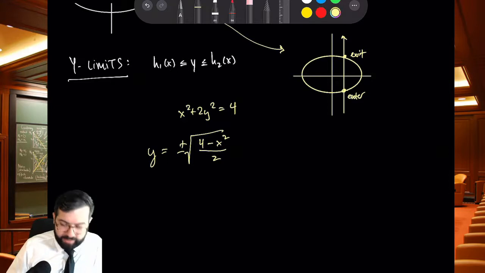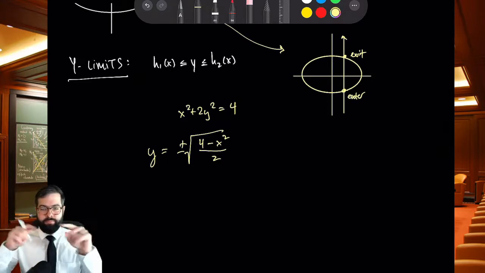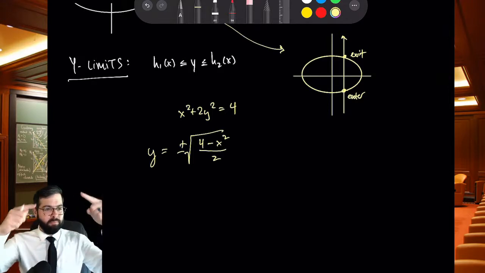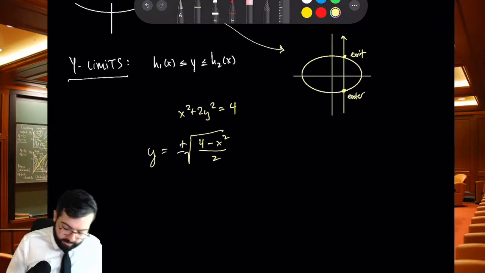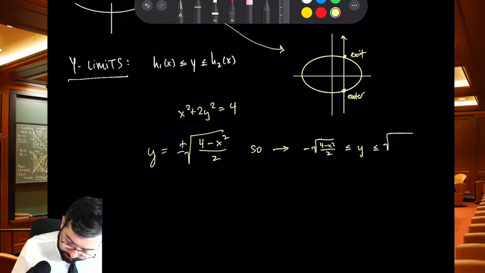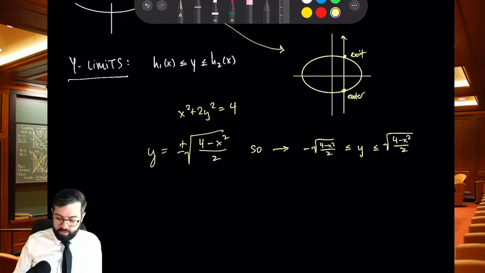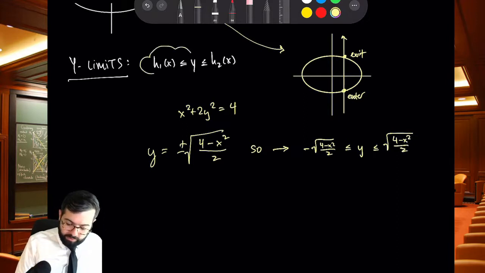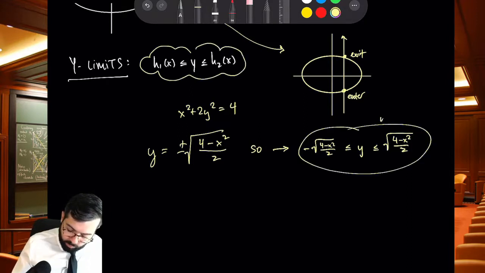And so obviously these are two semi-ellipses, right? The negative ones on the bottom, positive ones on top. So that tells me that y is between these two guys. Which is what I wanted, right? I wanted functions of x, and I got them. So here's my y limits.